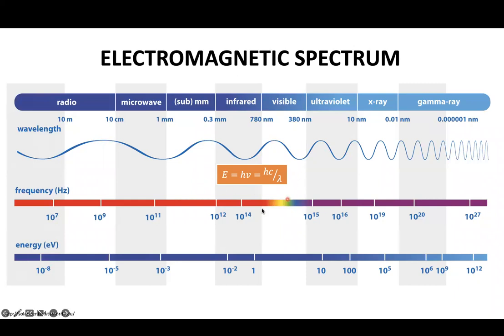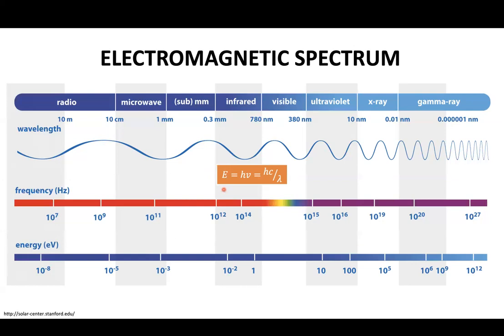And you can see in this equation, the energy is proportional to the frequency, where h is Planck's constant, c is the velocity of light, and lambda is the wavelength. So the energy is inversely proportional to the wavelength.